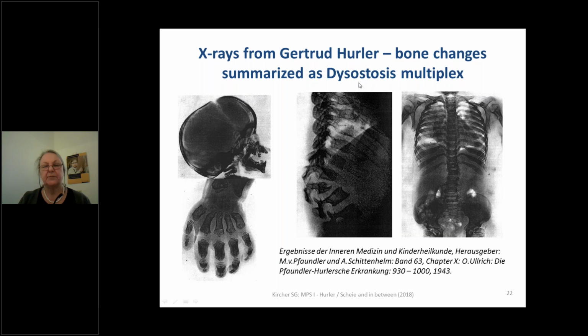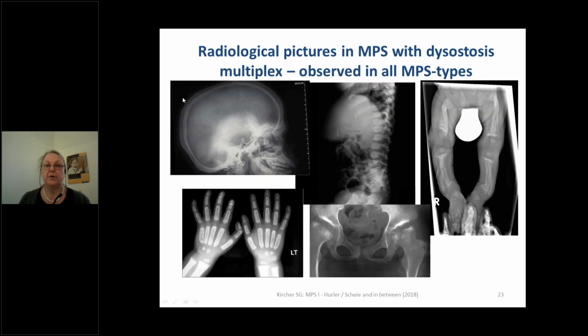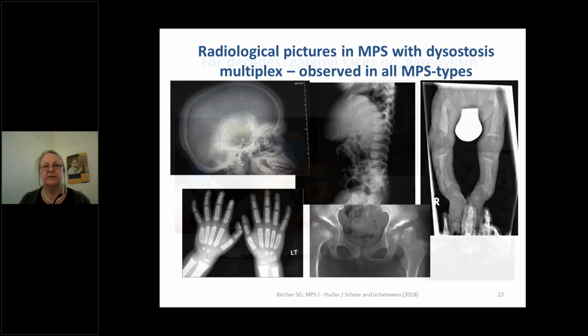And this is something the radiologists still know today what it means. And if we look at pictures from nowadays, they have the same signs: the hip dysplasia, the malformed vertebral bodies, and the very shortened and thick bones in the legs and perhaps arms or fingers.